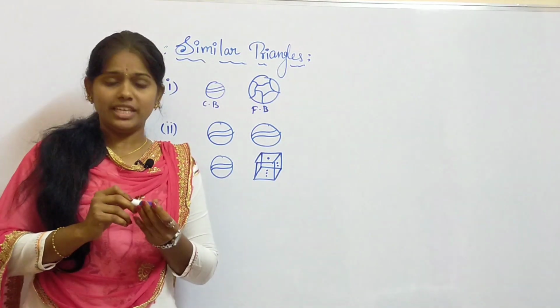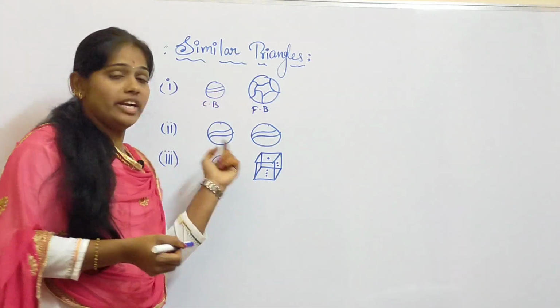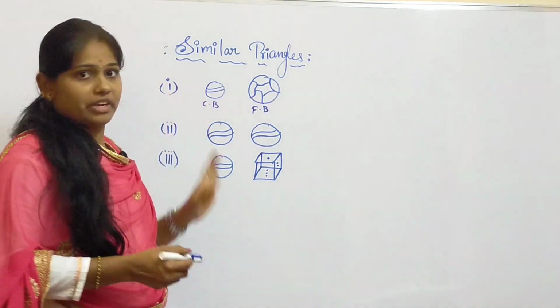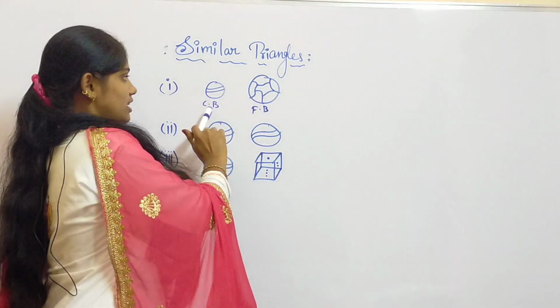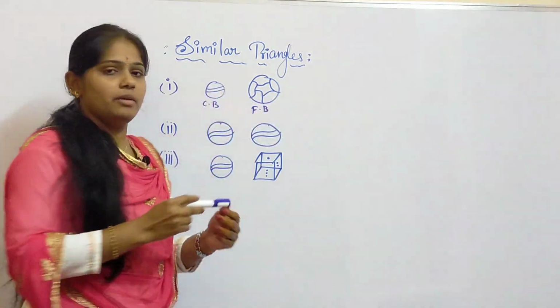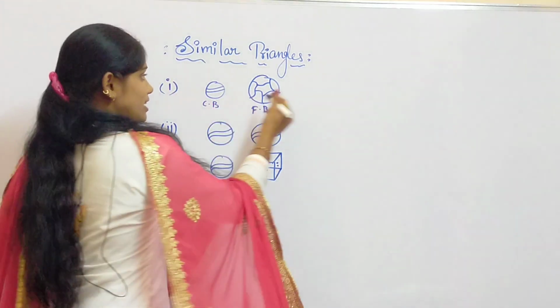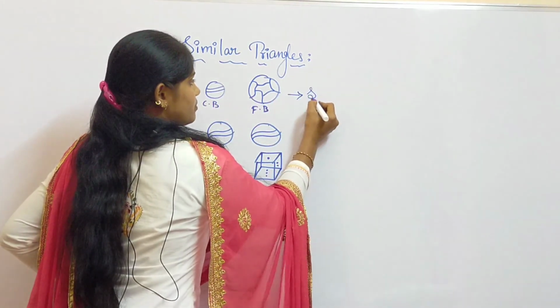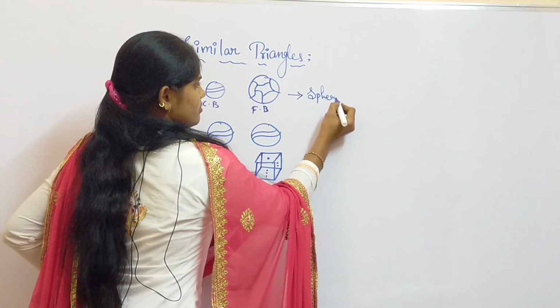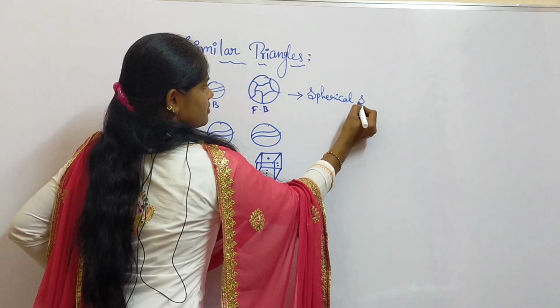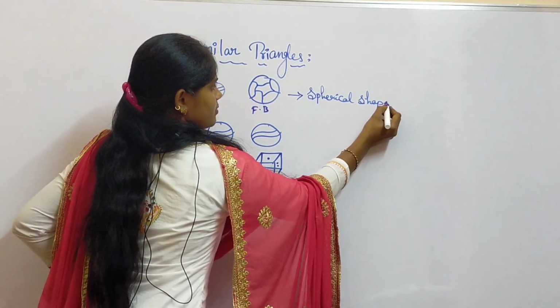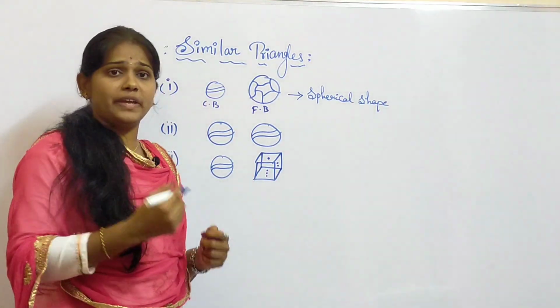See guys, in these three cases, what is our observation? In the first case, the cricket ball and the football both have the same shape. They are representing a spherical shape.